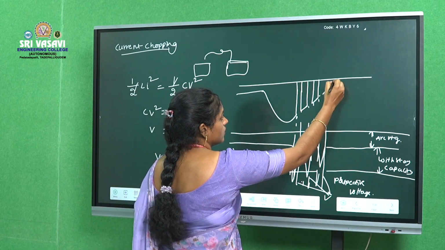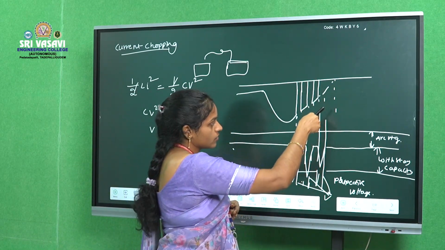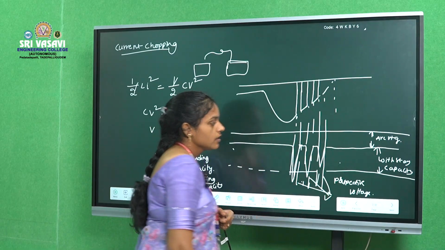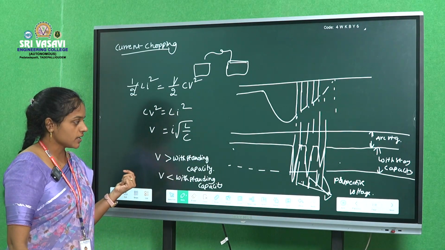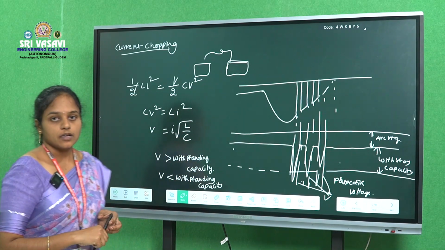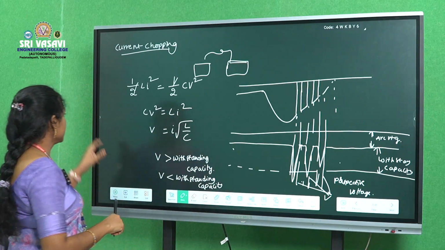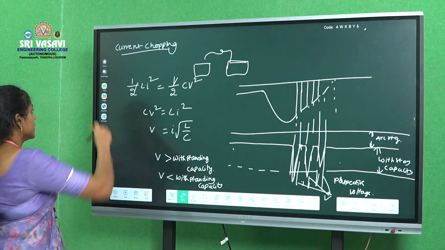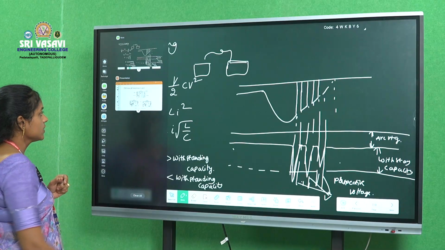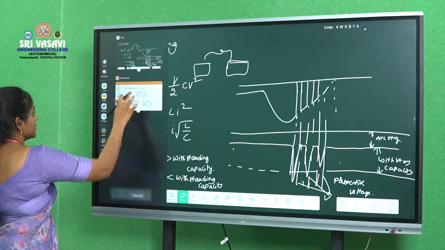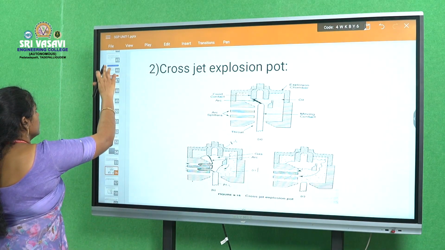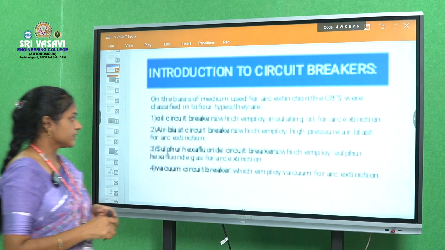So there is no restriking voltage here, there is no arc here. Like this, current chopping works to reduce the restriking voltage and the RRRV. So these two are the techniques to reduce the restriking voltage at the time of arc formation. Next we can go through circuit breakers.